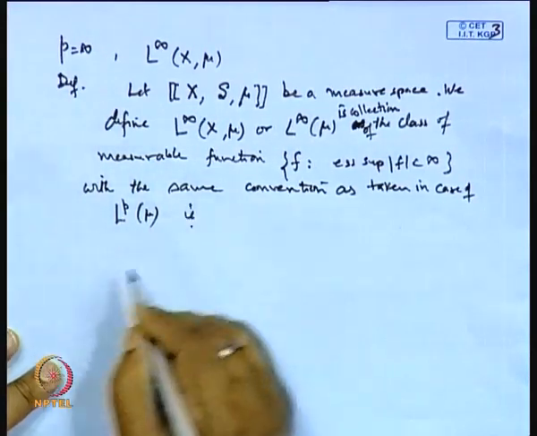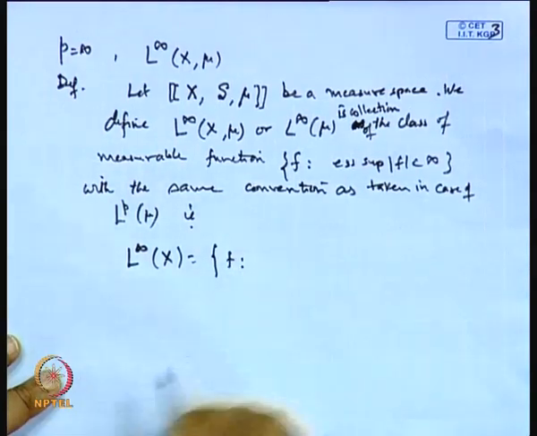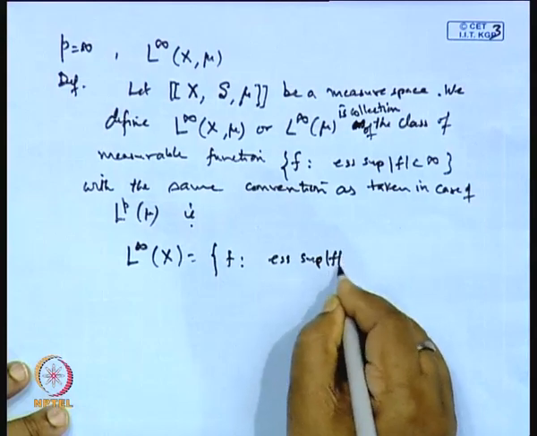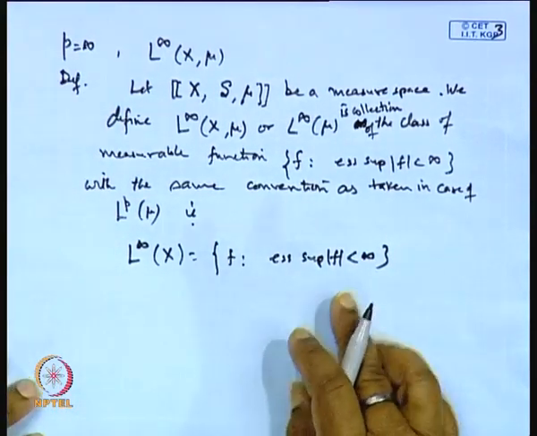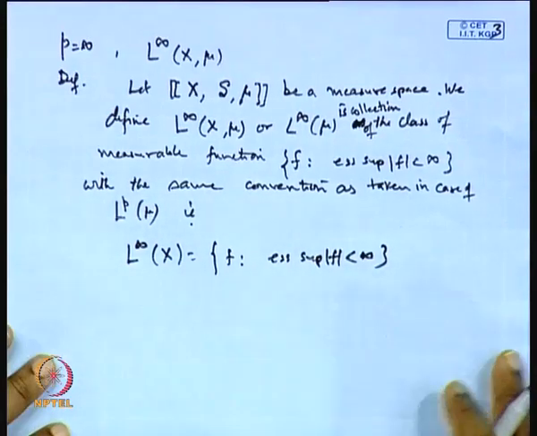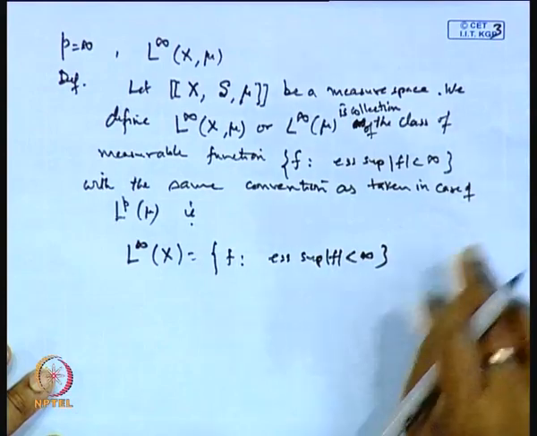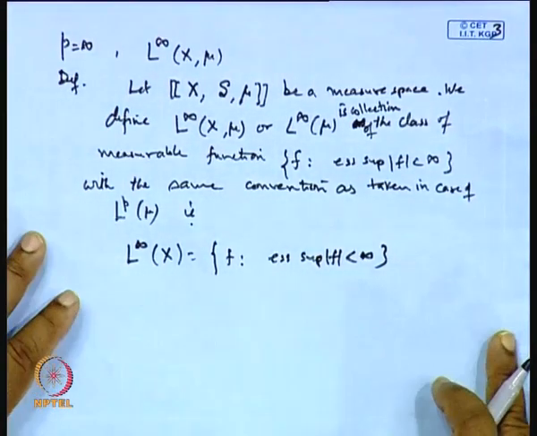In short, L^∞ is the class of measurable functions f such that the essential supremum of |f| is finite. We have discussed the essential supremum earlier: it is the infimum of α such that |f| is less than or equal to α almost everywhere.